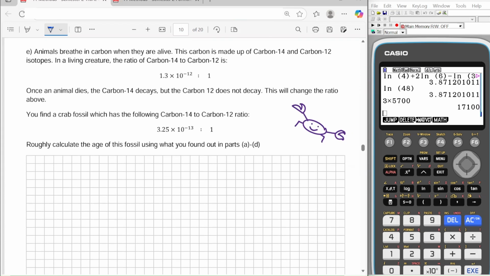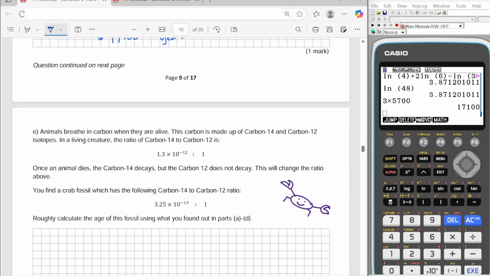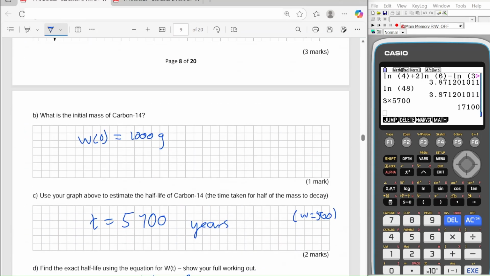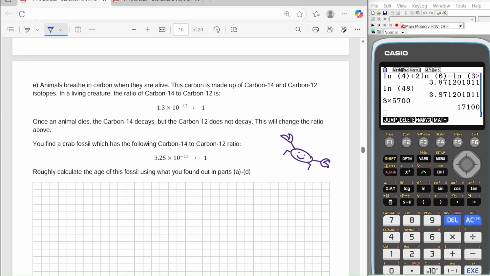Groovy. All right, so next, we've got a question about carbon dating, essentially. So all this that we've been doing here, believe it or not, is actually useful. You can use it to figure out how old fossils are. So generally, it's supposed to have a certain ratio of carbon-12 to carbon-14, one of which decays when the animal dies and one of which stays when the animal dies.